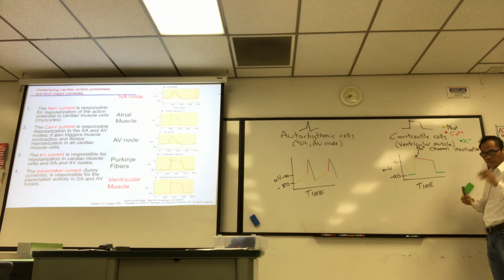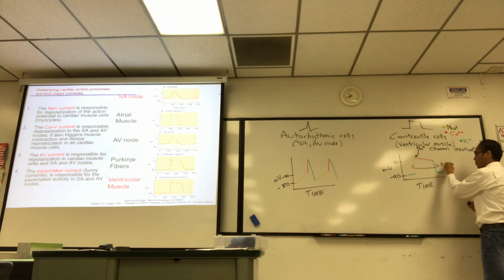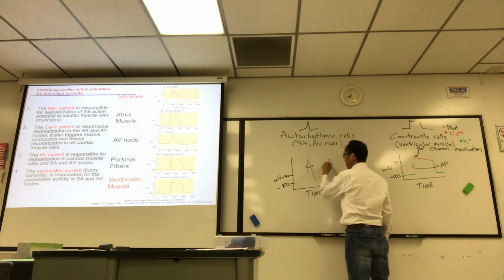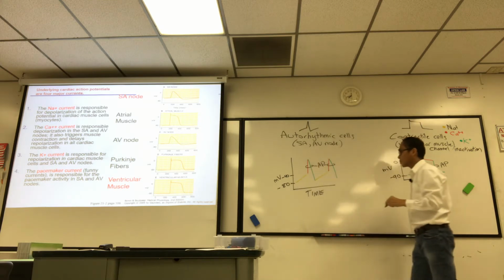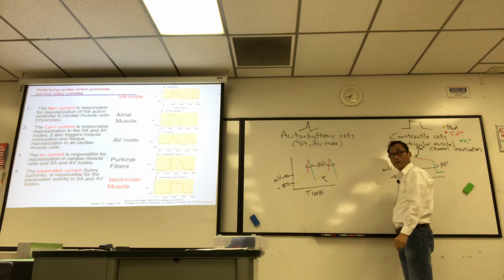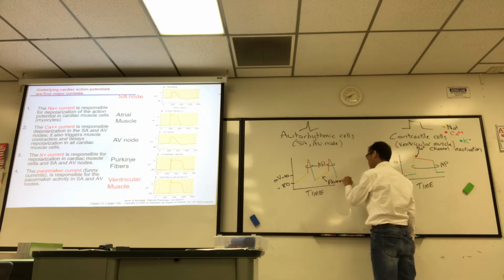Okay, and let's review all the potentials. This is the action potential, right? Action potential for both of those. What kind of potential is that? The yellow line. Pacemaker potential. Yeah, that's what we said before.